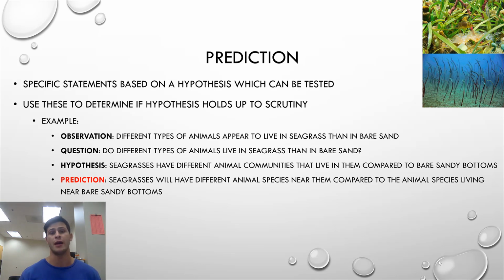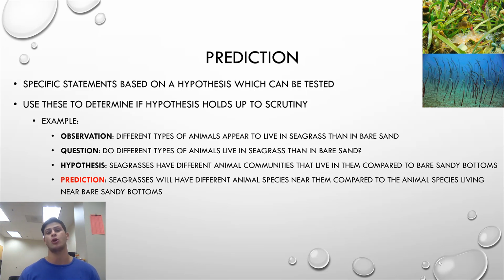So now we have our educated guess. After we have our educated guess, we then make predictions based on our hypothesis. So we have our hypothesis, we have what we think is going on, and there are going to be things that we can predict based on that hypothesis that we can then test. So our predictions are specific statements based on our hypothesis, which can be rigorously tested.